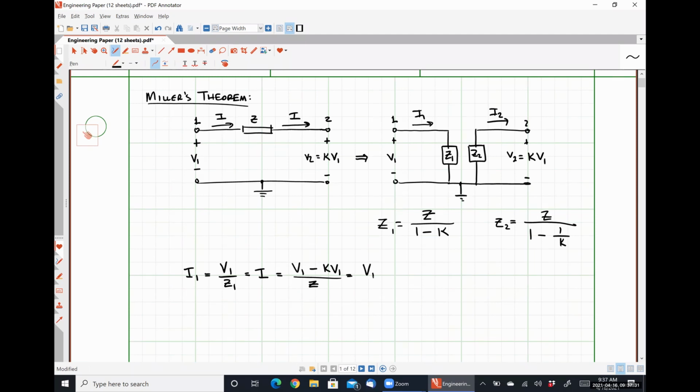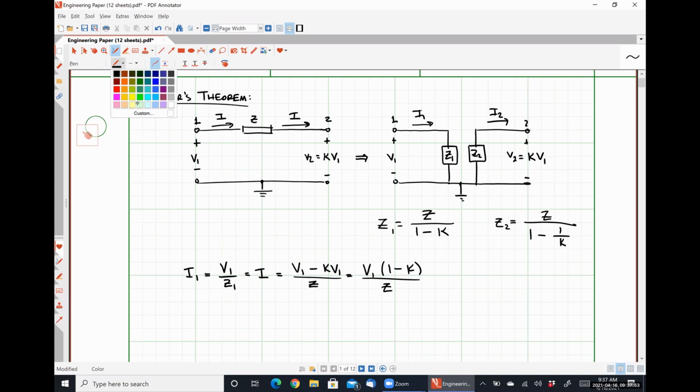I have V1 times 1 minus K divided by Z. Okay. So again, I'm saying that my new current I1 in my right-hand circuit has to be identical to my current I in my left-hand circuit.